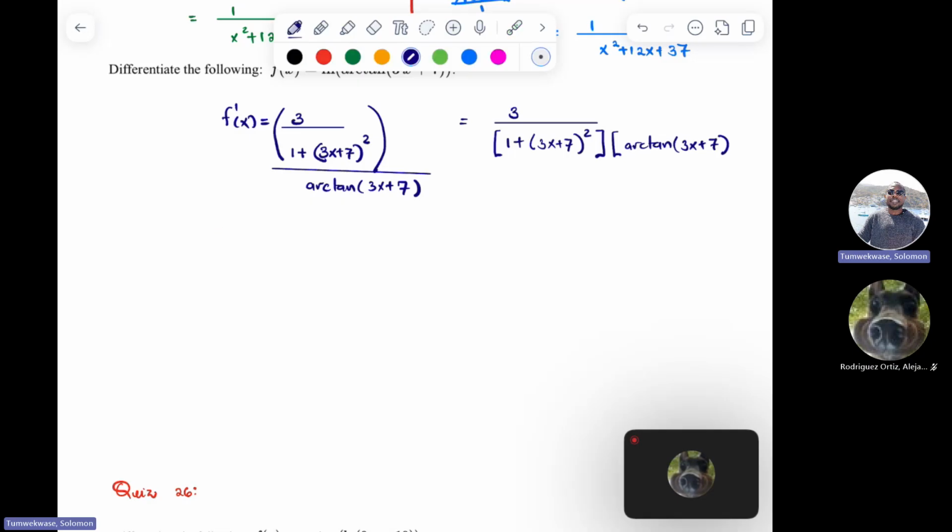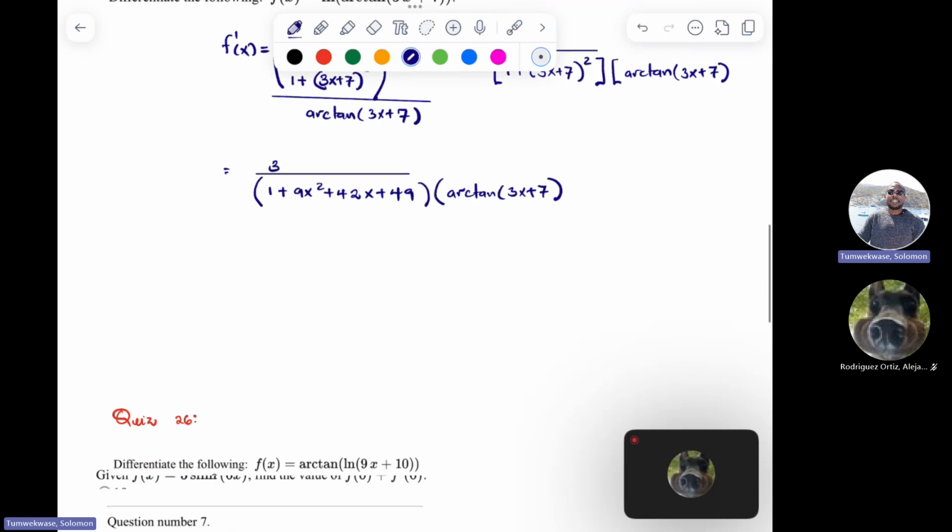So this is the same as 3 over 1 plus 9x squared plus 2ab, so that is 2 times 3, which is 6, 6x times 7, which is 42, so 42x, then plus 49, and the whole of this is multiplying with arctangent of 3x plus 7.